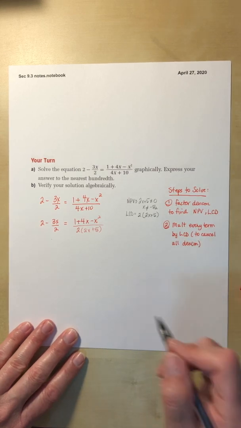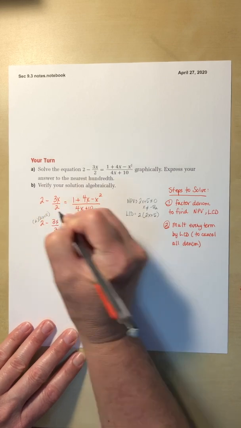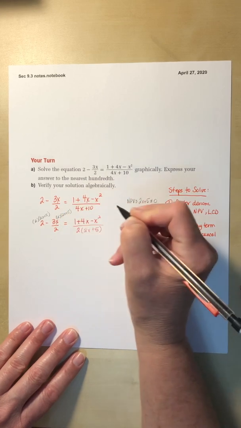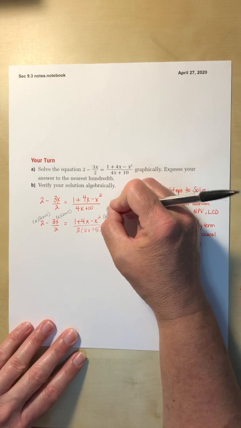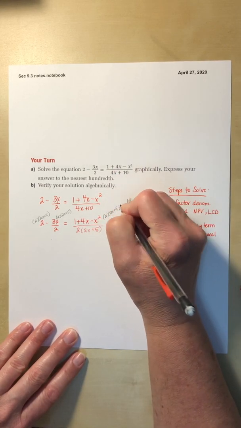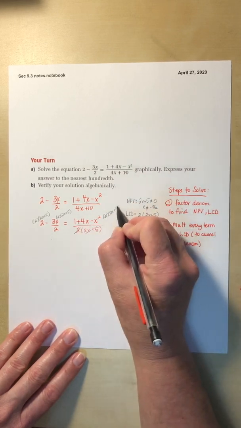So if I were to multiply by 2 and 2x plus 5, by 2, 2x plus 5, and by 2 and a 2x plus 5, we would see this entire denominator canceled.